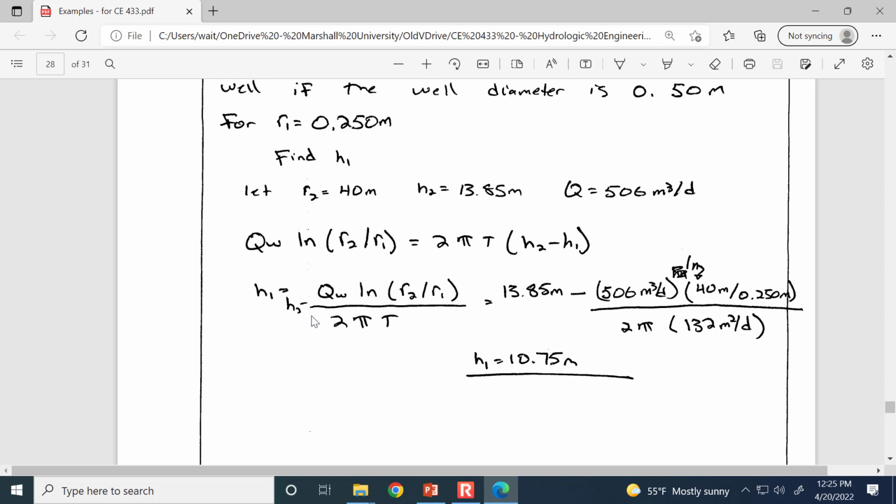So it's H2 minus the flow in the well multiplied by the logarithm of the ratio of the two radii, and then divided by 2 pi transmissivity, which is K times B. So regardless of whether you used your location 2 to be where the radius was 40, or where the radius was 85, and then had the H2 value accordingly, I think what you ought to get is 10.75 will be the height above the lower confining layer that the water rises to at the well.